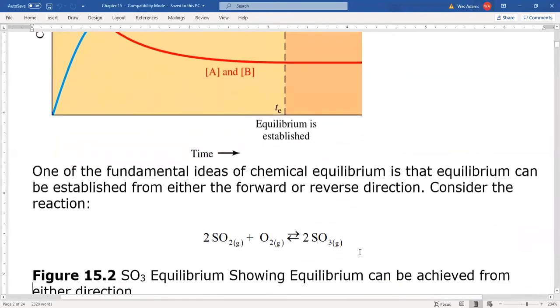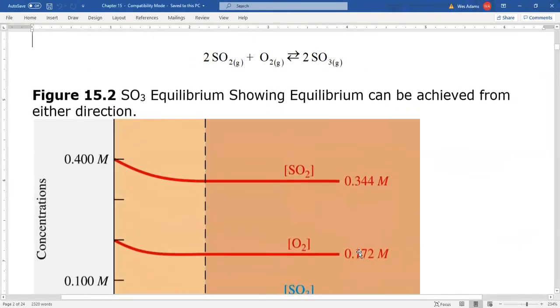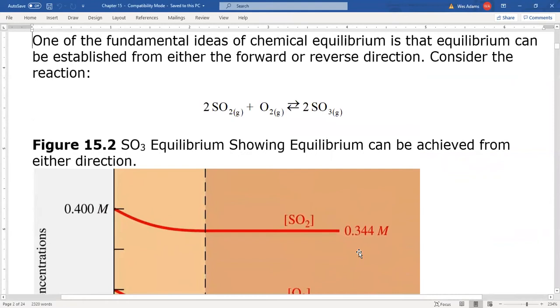And so if we look at a more concrete reaction, one of the fundamental ideas is that equilibrium can be established from the forward or the reverse reaction. If we consider the reaction 2SO2 plus O2 reacting to form 2SO3, we see the double-headed arrows indicating a reversible reaction or an equilibrium.